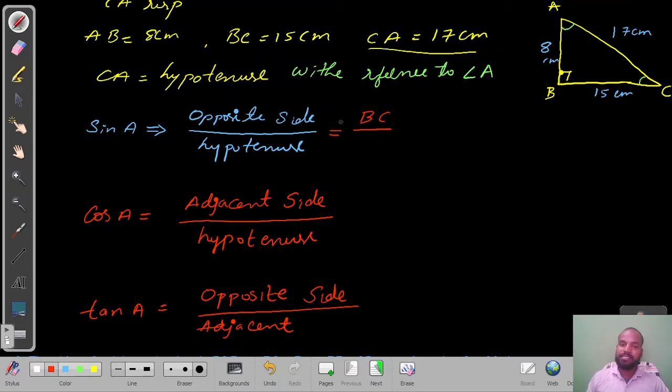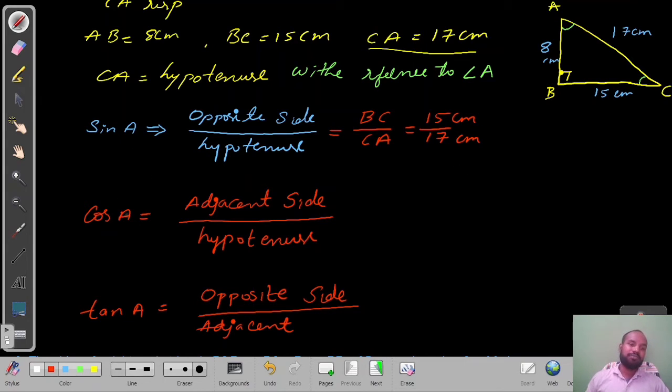Hypotenuse is AC, or CA, you can write as you wish. Now BC value is given, 15 centimeters. And CA value is 17 centimeters. So your sin A value is completed.